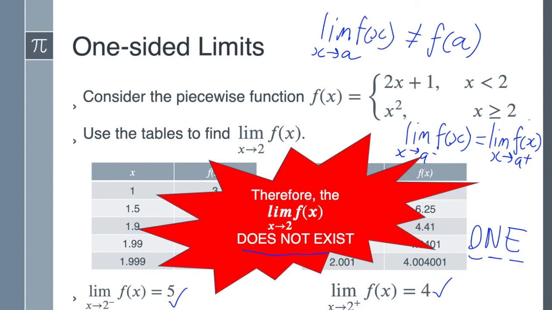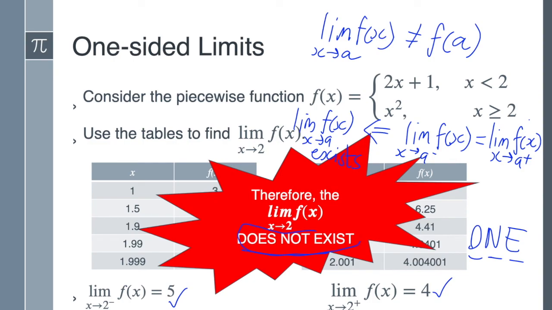If they are equal, the limit exists. The limit of this f of x exists. But if they are not equal, therefore the limit does not exist.